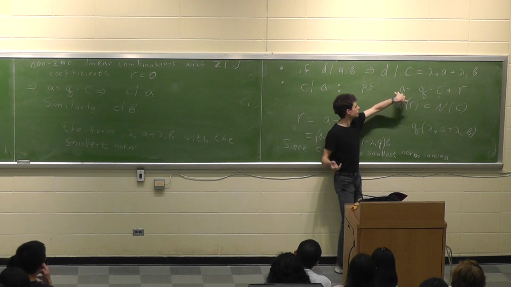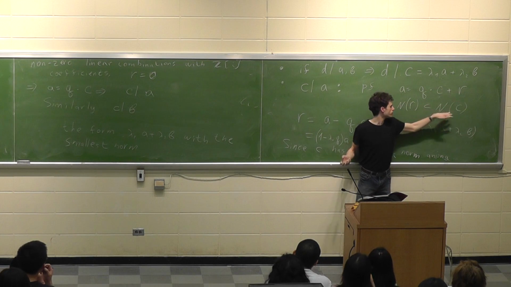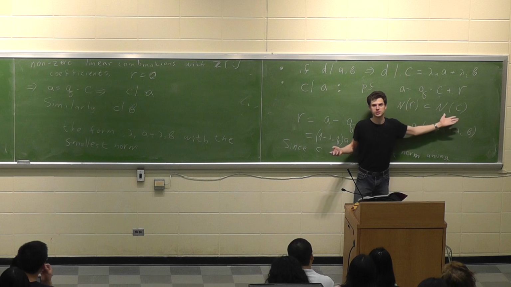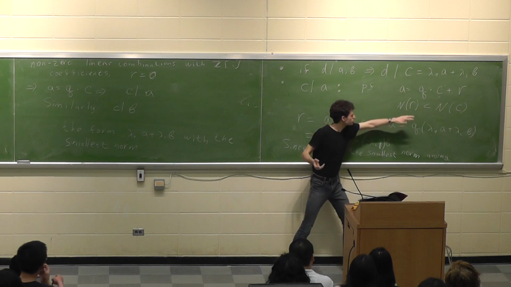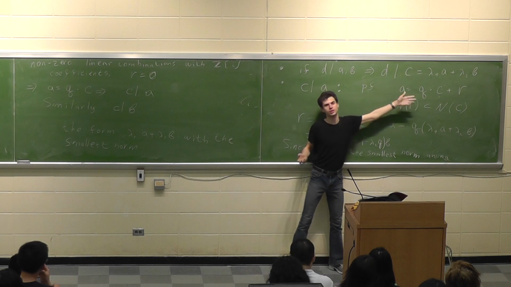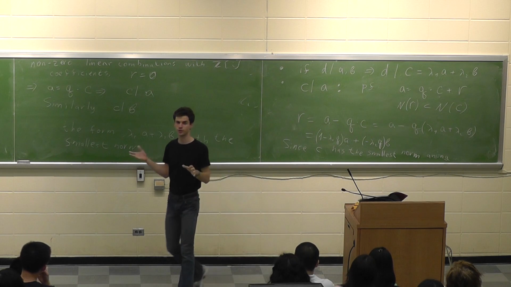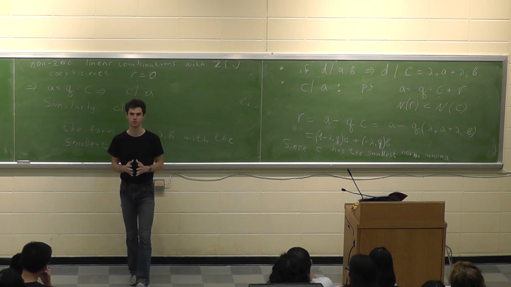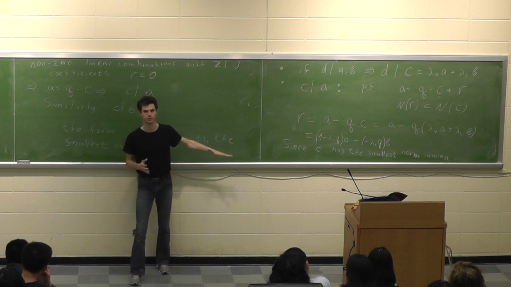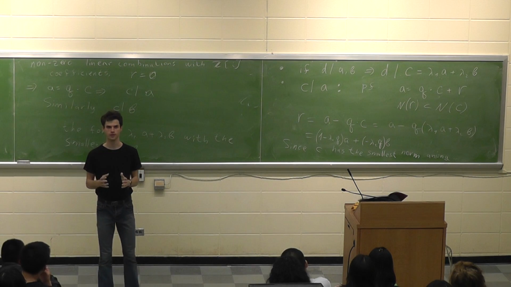The reason is, when we divide A by this number with remainder, the norm of the remainder is smaller than the norm of this number C. But also the remainder is a linear combination of A and B, so it is in this collection of linear combinations of A and B. But its norm is smaller, hence it is actually equal to 0. That's our proof. So any questions about this?